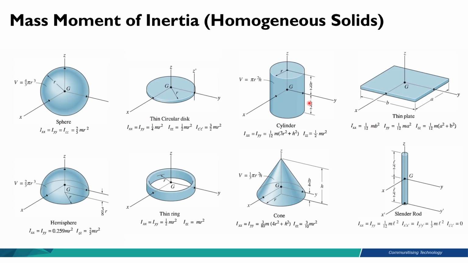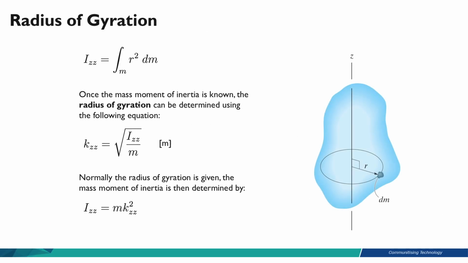If we have a problem involving non-homogeneous solids, then normally another quantity will be given that is known as the radius of gyration. The radius of gyration is given by k, which is equal to the square root of I over m, which has a unit of meter.